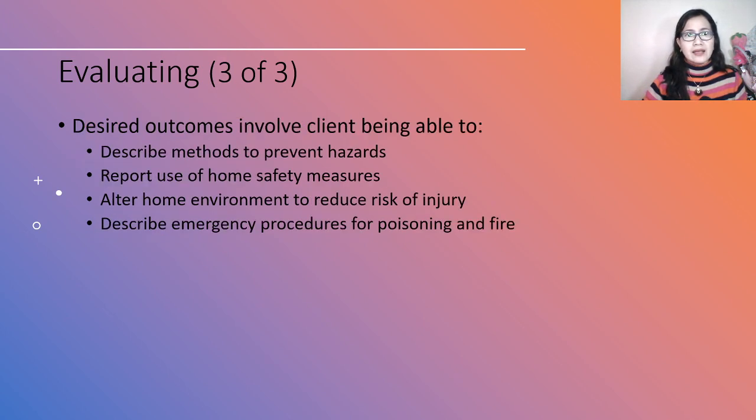Next, we have to describe the methods to prevent hazards. So, report the use of home safety measures, alter home environments to reduce the risk of injury, and describe emergency procedures for poisoning and fire.